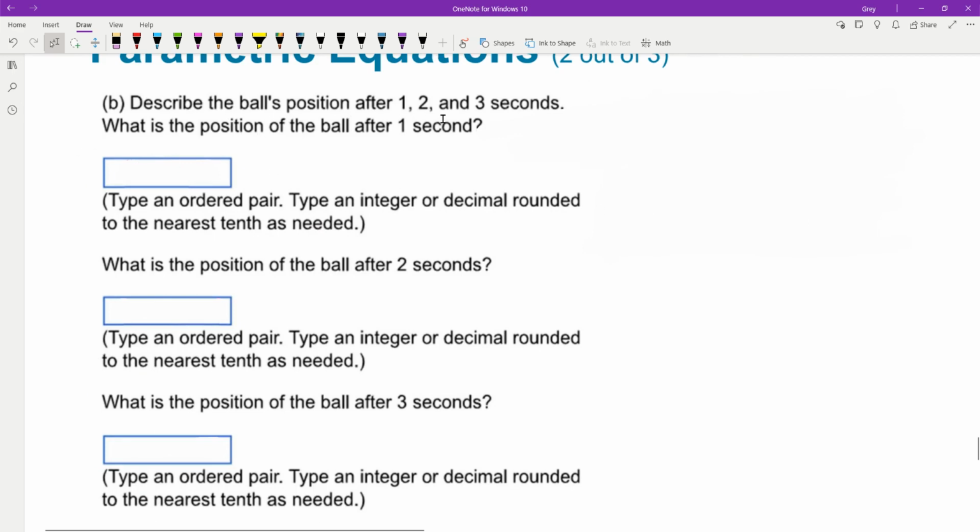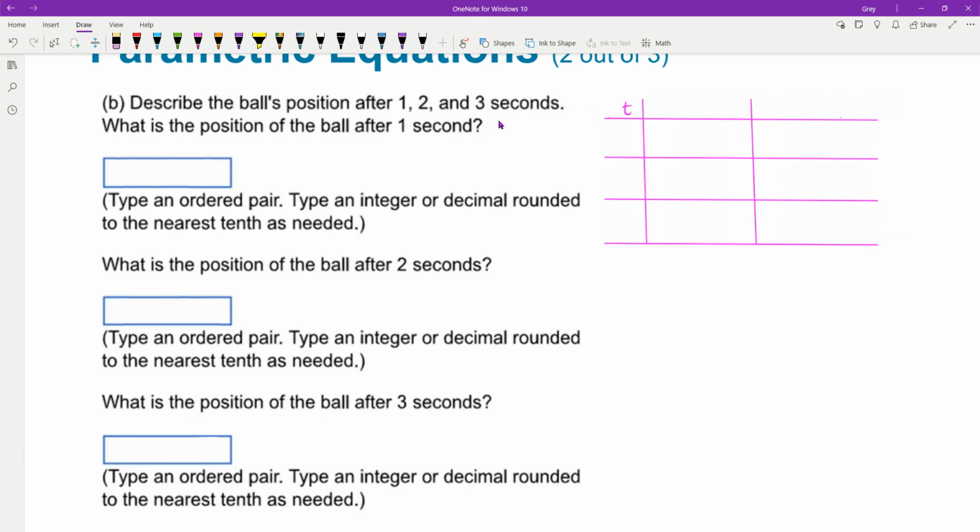Now we're going to describe the ball's position after 1, 2, and 3 seconds. What is the position of the ball after 1 second? I'm going to make my little t-chart, and plug 1, 2, and 3 into my x equation that we just figured out and my y equation. After 1 second, x is 90, rounded to the nearest tenth, and y is 94.2.